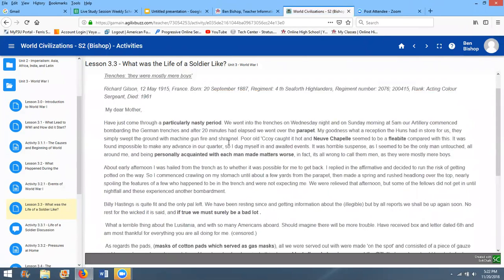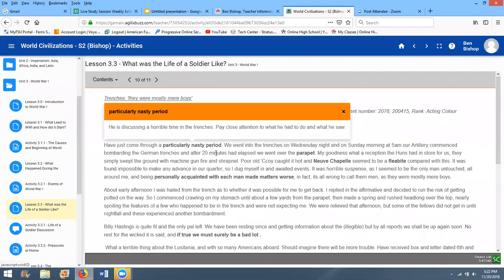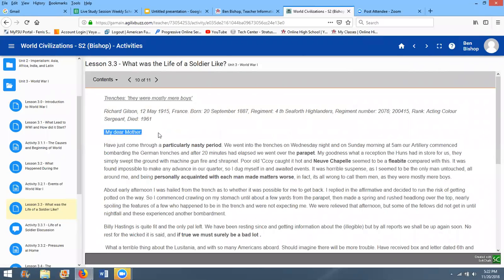here is a really good example of a letter that's in the reading for lesson 3.3. Look, we have, dear mother, there's your salutation. Dear mother, perfect. Okay, and here we have, if you can see, have just come through a particularly nasty period.